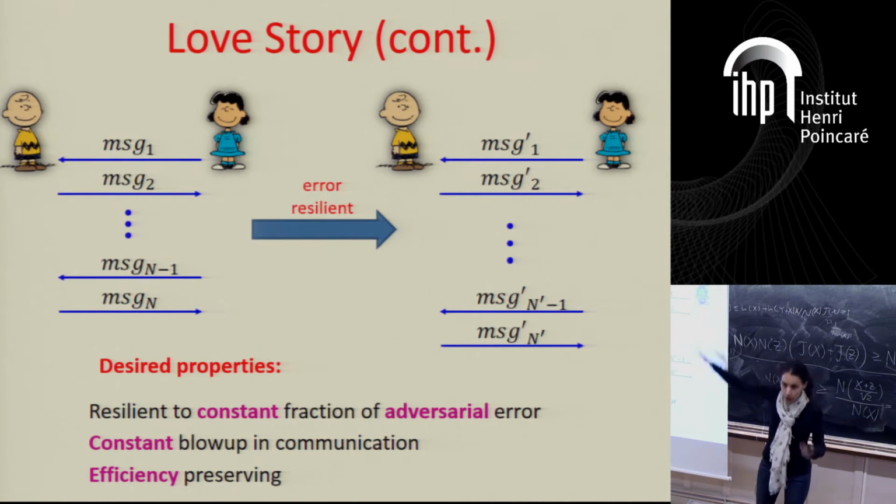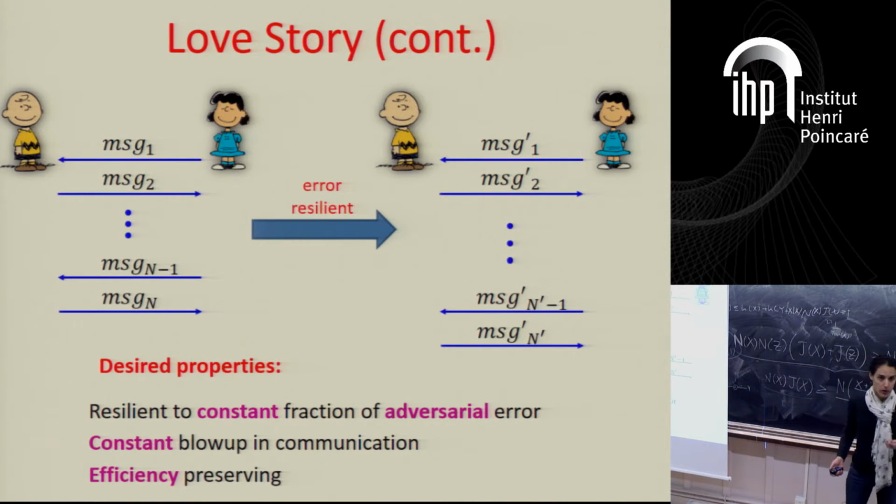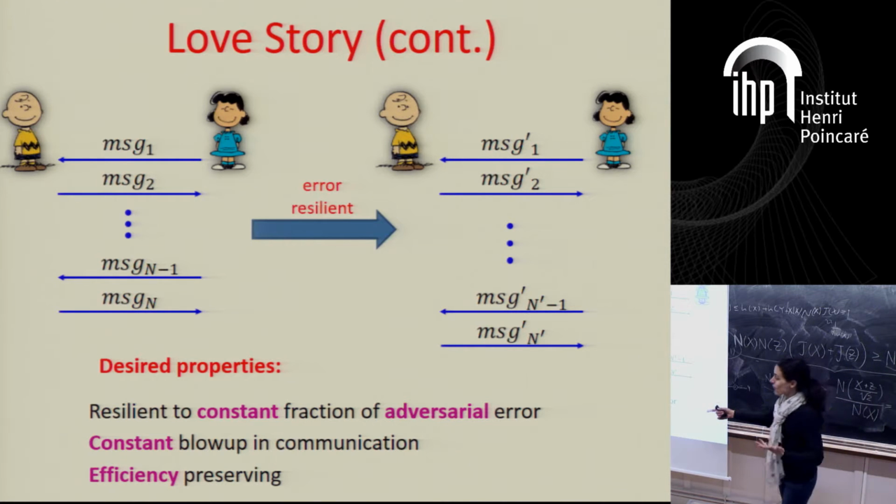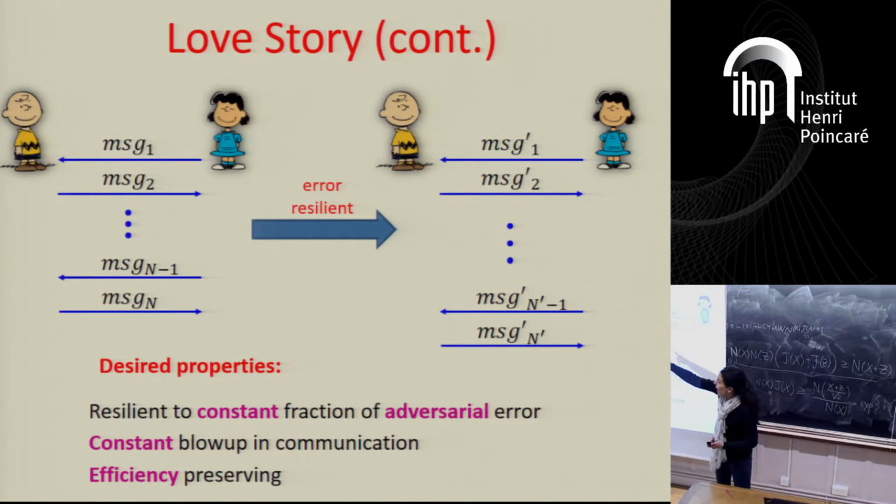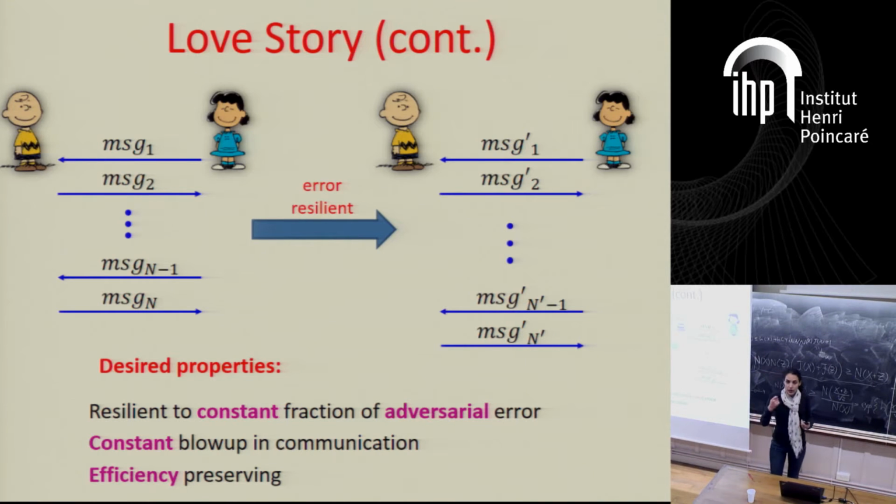I don't want to talk much longer, so I want the blow-up in communication to be only constant. And I want it to be efficient, or efficiency preserving, which means if Alice and Bob ran in time t throughout this protocol, I want them here to run in time poly in t. So I don't want the encoding and decoding procedure to make them inefficient. I want to preserve their computational efficiency.